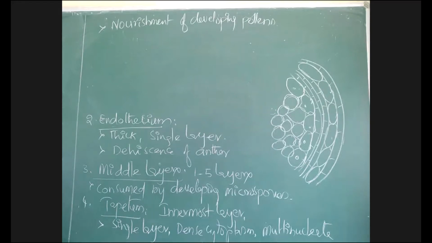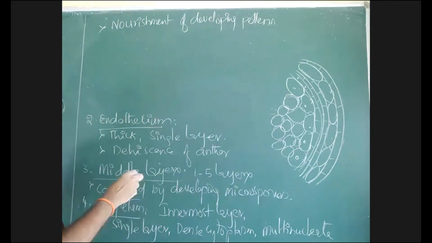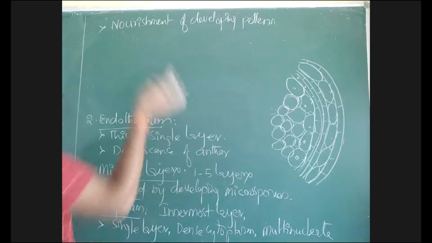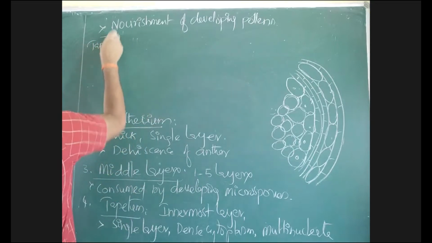That's why it is called a nourishing tissue. It is responsible for the nourishment of the developing pollen, or it is a nutritive layer. And sporogenous tissue is not a part of the anther wall; it is present inside the anther.